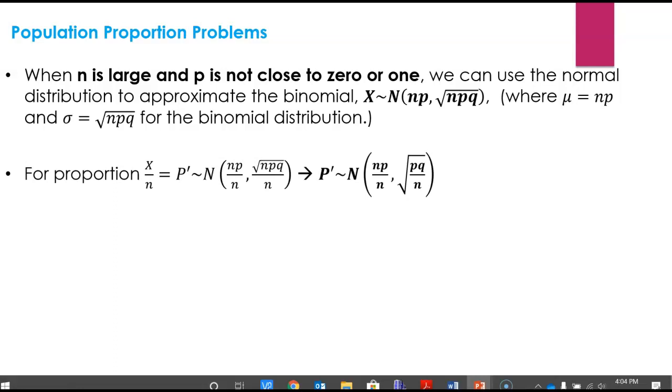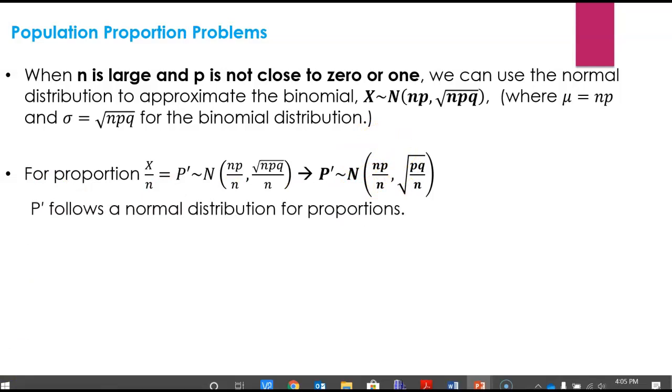For the proportion, x over n equals p prime, is represented by the normal distribution of np over n, comma, the square root of npq divided by n. Or p prime is represented by N of np over n, and using a little bit of arithmetic, we get the square root of pq over n.